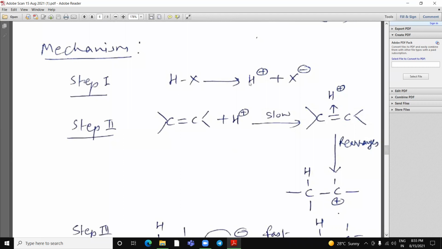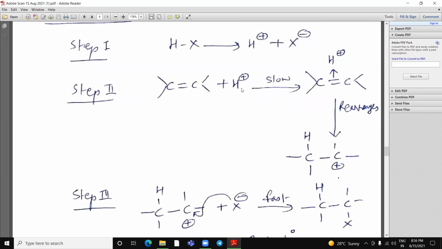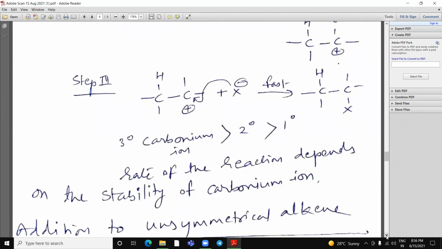Mechanism. In first step, the hydrogen halide is polarized, it means ionized, and then the proton is added to the carbon-carbon double bond, and it will give us carbonium ion intermediate.